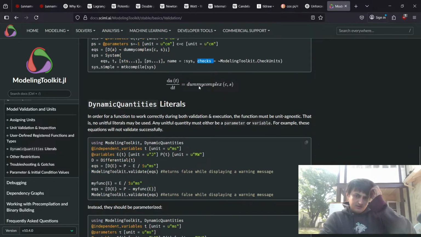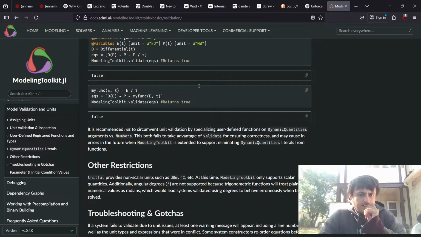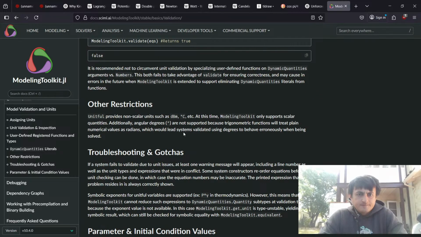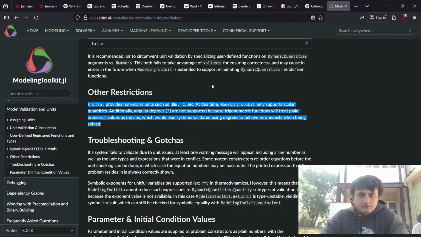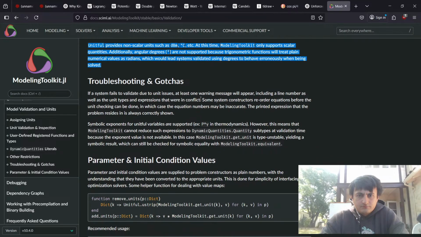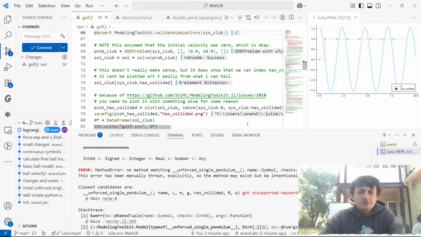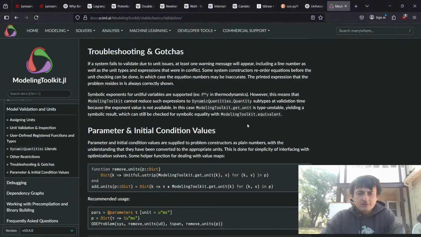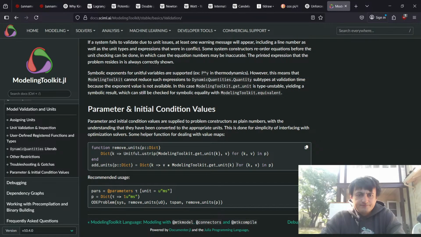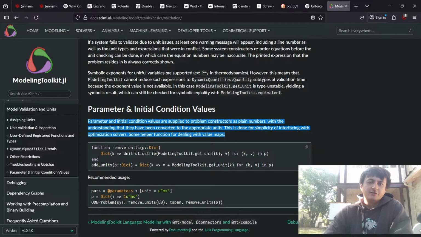How does MTK... Oh, wait. On our initial conditions... But our initial conditions are just angles, so that's fine. That is psycho, dude.